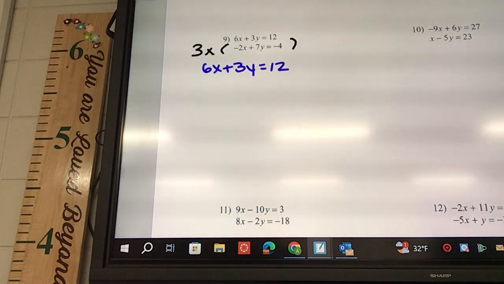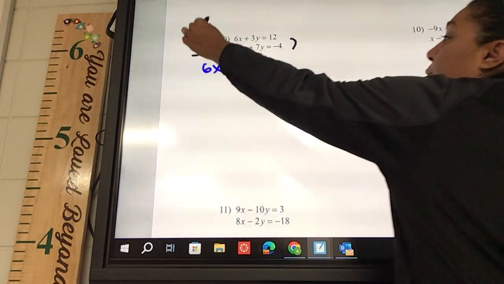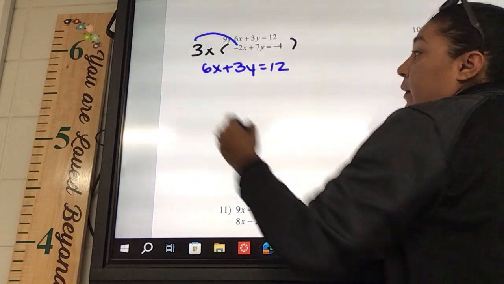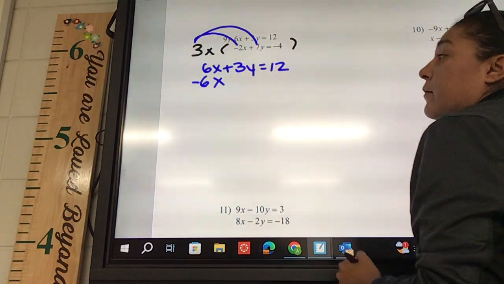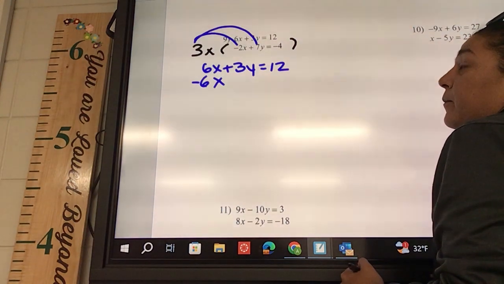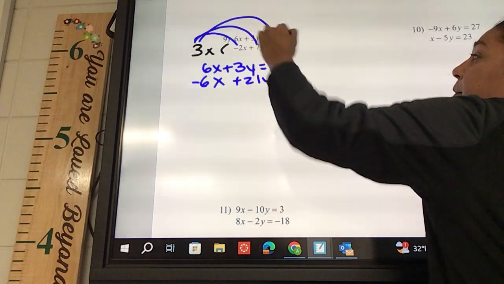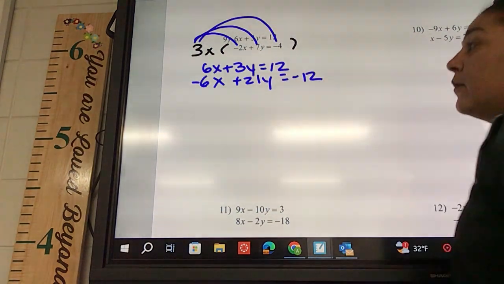Equation 2, we're going to multiply everything in there by 3. So 3 times negative 2. Negative 6x. 3 times 7. 21y. 3 times negative 4. Negative 12.